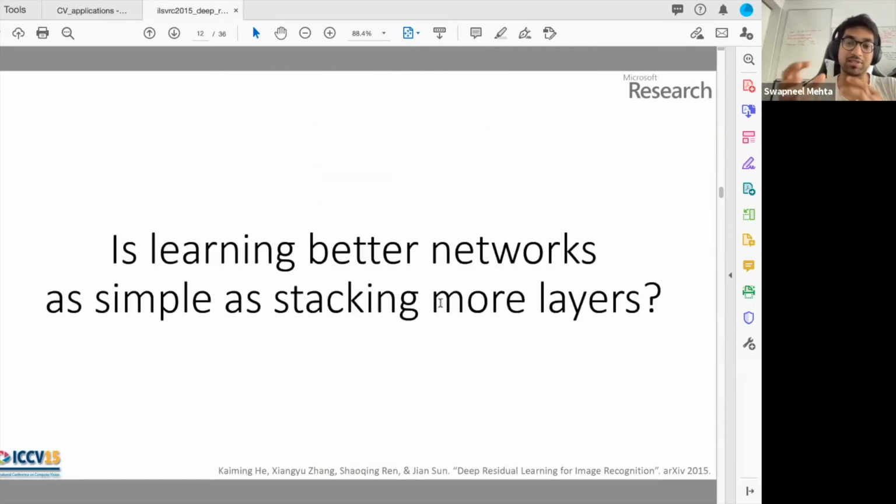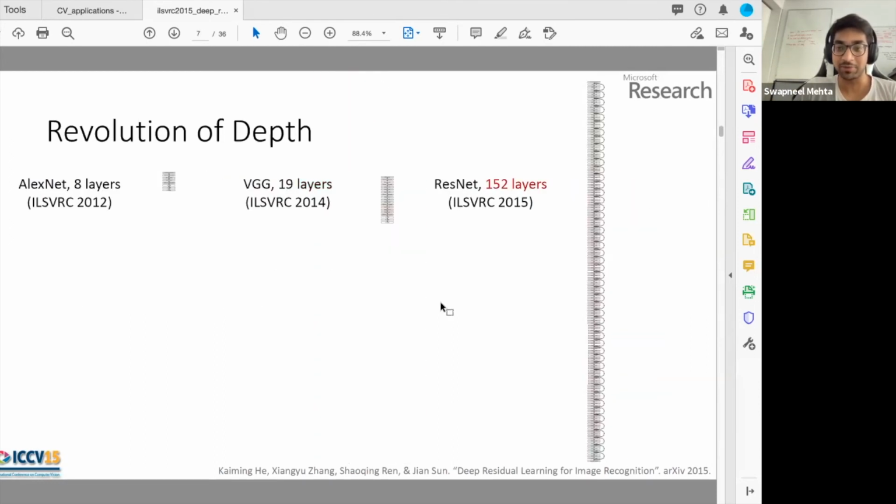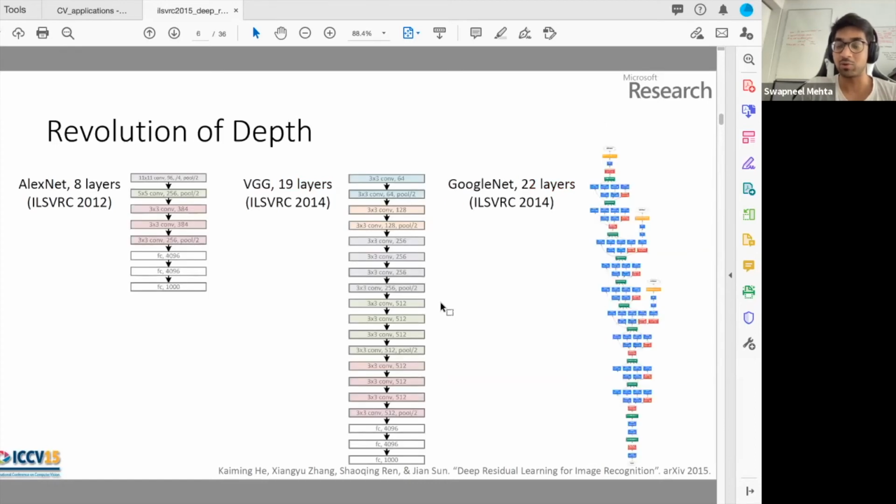So the question they asked when they started this research is: is learning better networks as simple as stacking more layers? Because that's what these diagrams seem to tell you, right? Before ResNet, if you're going deeper, is that just better? Is the solution to deep learning to throw more compute at it and add more layers?